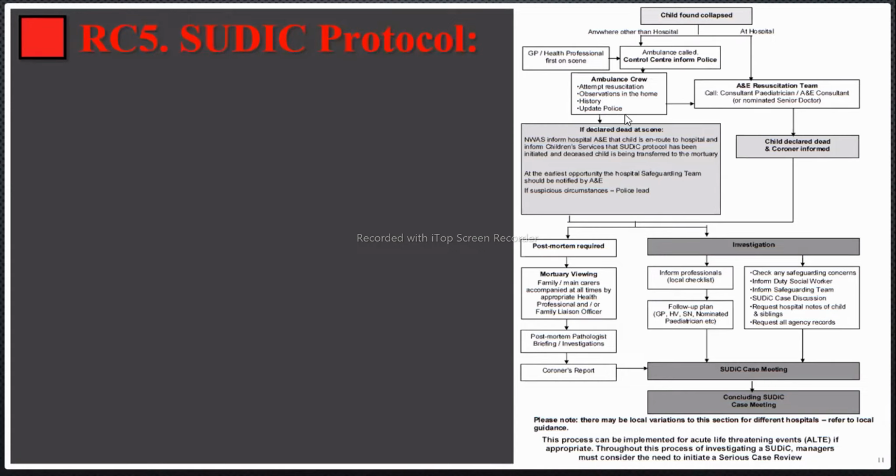Okay. If the patient is inside the hospital, A&E resuscitation team, call consultant paediatrician, A&E consultant, nominated senior doctor. So you have to follow this flow chart, and it can be a question in the exam. This flow chart is very, very important. Okay.